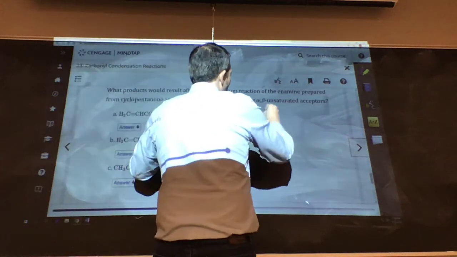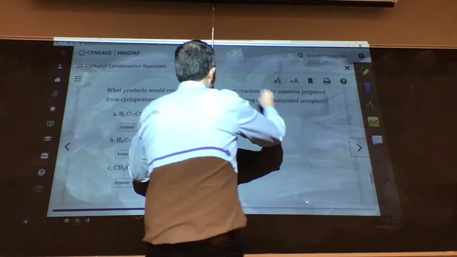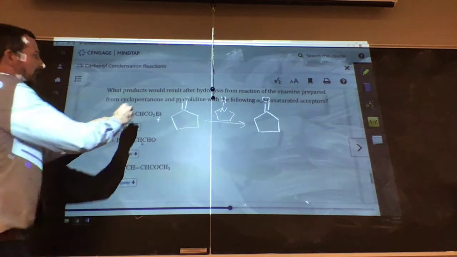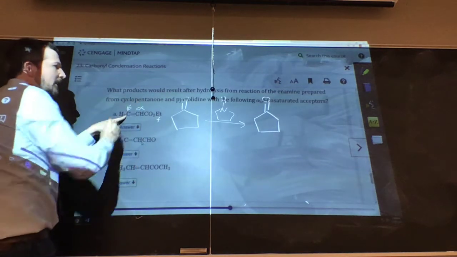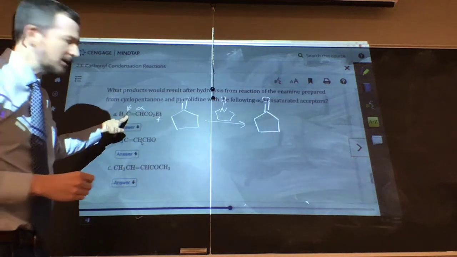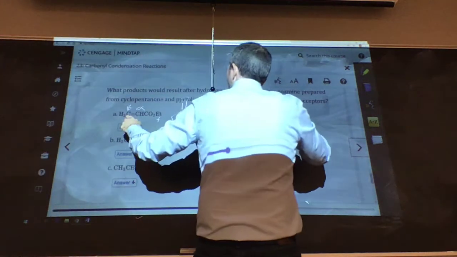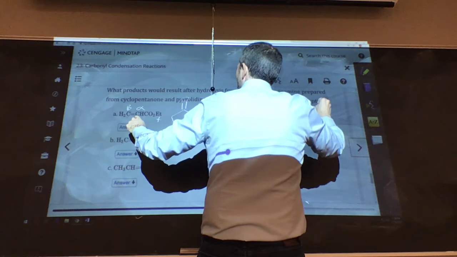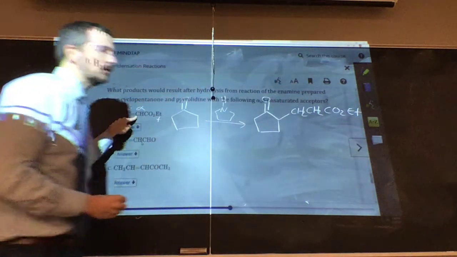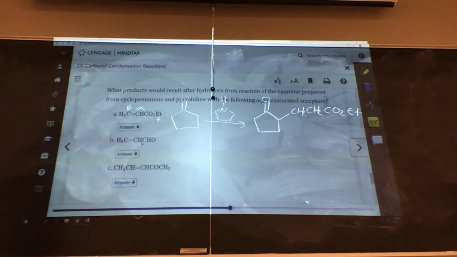Here's my monocarbonyl compound, my ketone. Here's an ester, so here's my alpha, my beta. The alpha position of my carbonyl compound is going to attach to the beta position here, so Michael addition. So CH2, CH2, CO2Et.